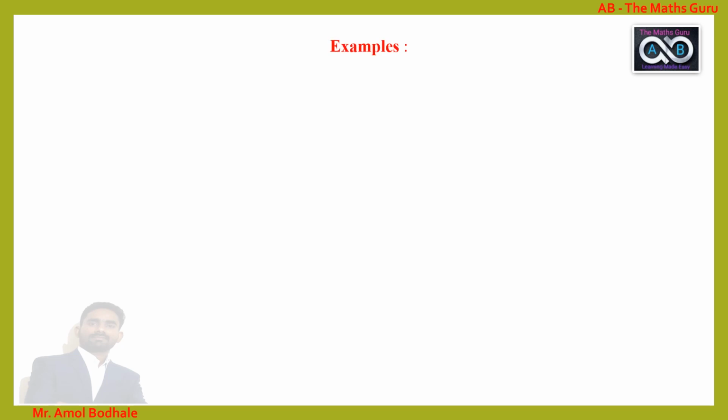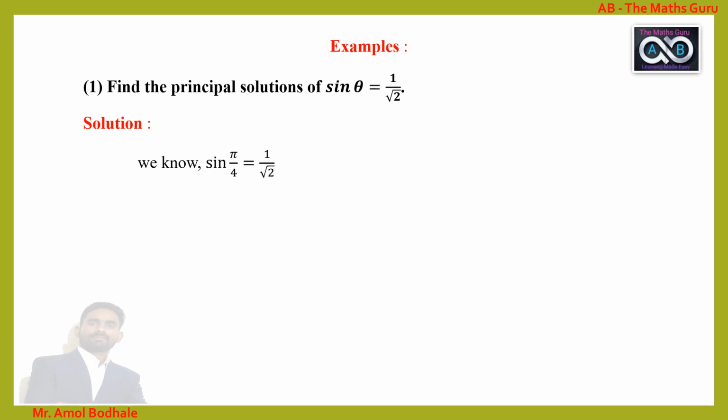So let's see the examples. The first example: find the principal solution of sine theta equal to 1 by root 2. Let's start with the solution. So here, given is sine theta equal to 1 by root 2. So for which angle is sine theta equal to 1 by root 2?